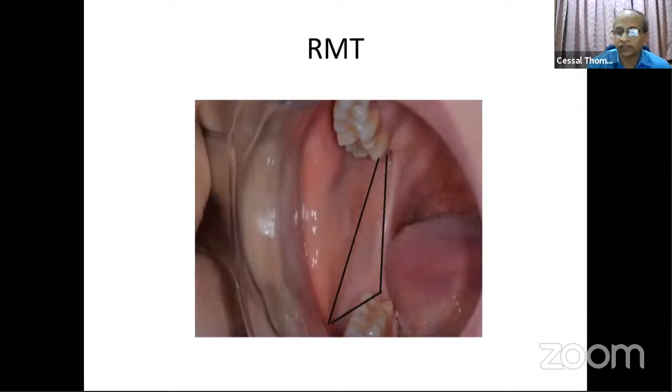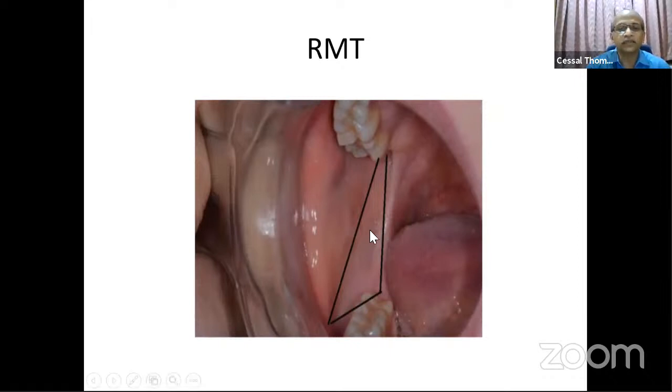By the term retromolar trigone, and one more thing, is the retromolar trigone space confined only posterior to the lower third molar tooth? That means if a lesion is seen here, then I can call it a retromolar trigone lesion.